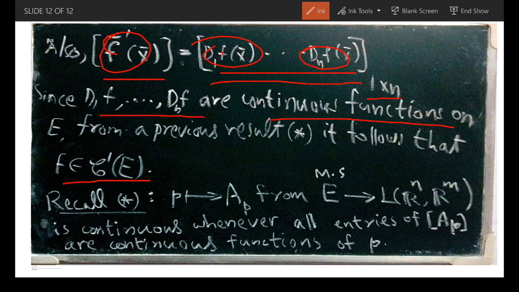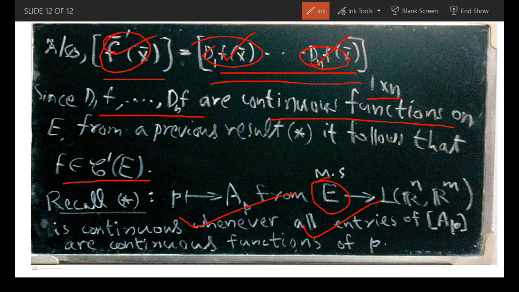Now I am asking you, if all these d1f etc. dnf are continuous, why is the linear transformation continuous? That is precisely an application of this result. This result we have already proved when we proved certain results on operator norms.